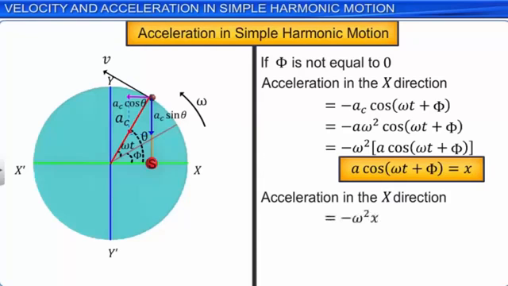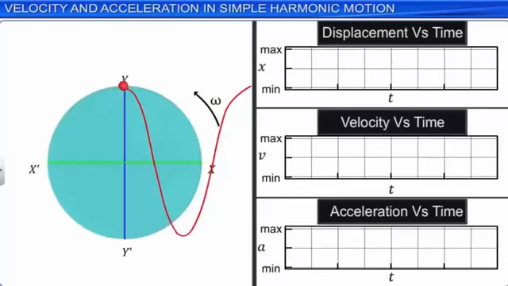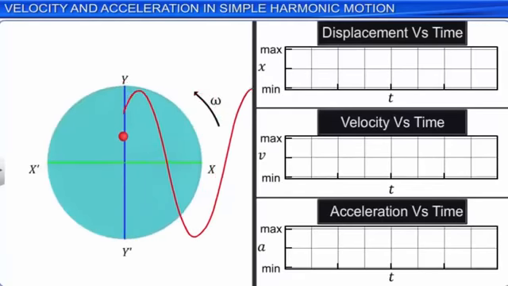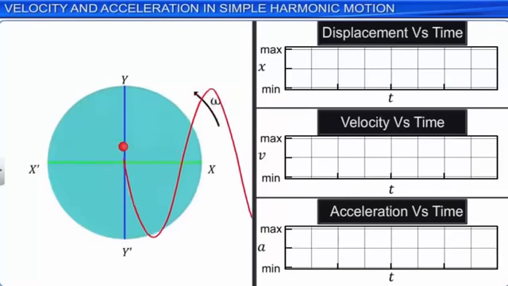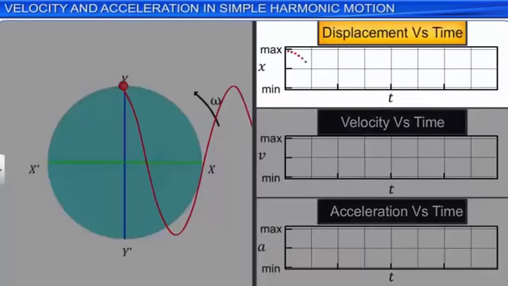Observe the graphs for the particle in simple harmonic motion. The first graph is displacement versus time for the particle in simple harmonic motion. The second graph is velocity versus time for the particle in simple harmonic motion.